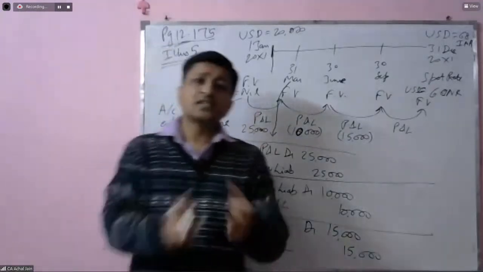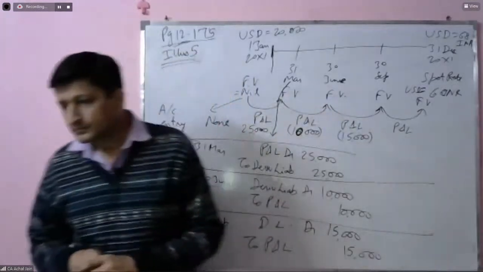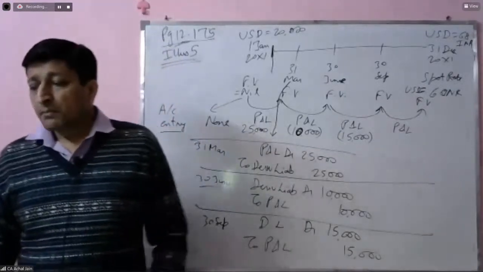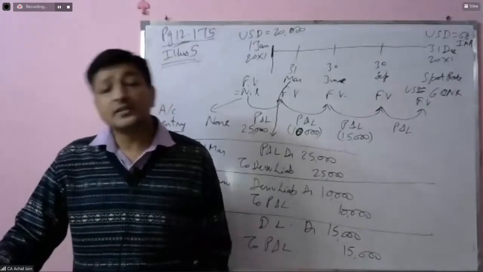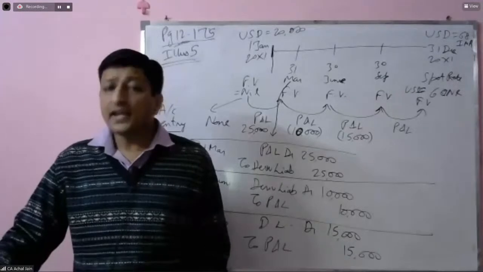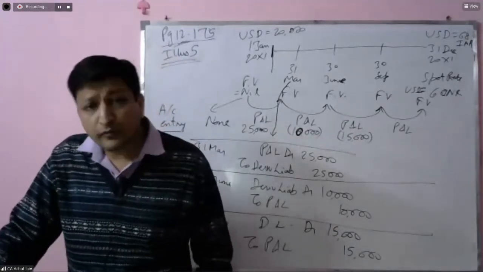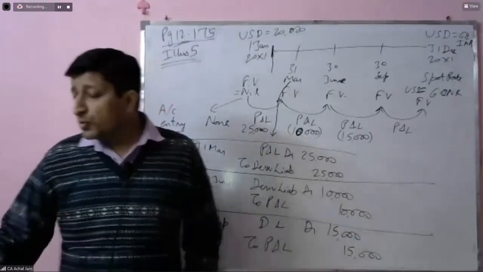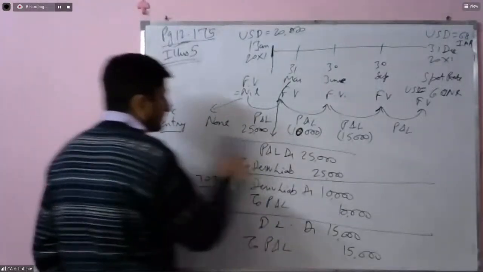In both the cases, this will be considered to be settled, whether exercised or not. The settlement of this derivative contract by actual purchase of USD 20,000 shall be recorded in the books of SAM Company Limited upon exercise by JT Corporation by recording the following journal entry. So what do we do? In the books of SAM Company Limited, I think I'll have to clear this part now.